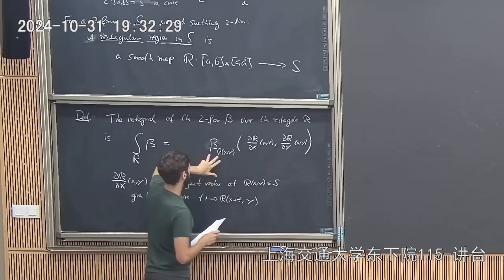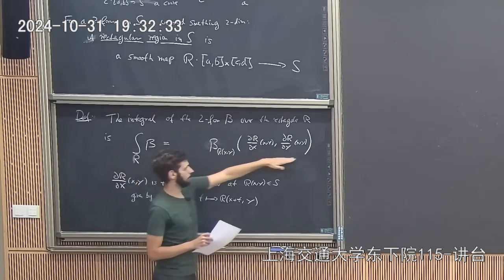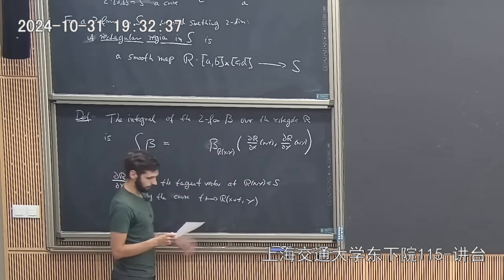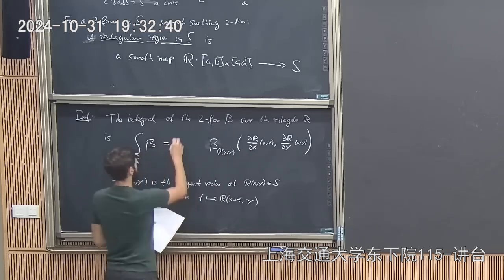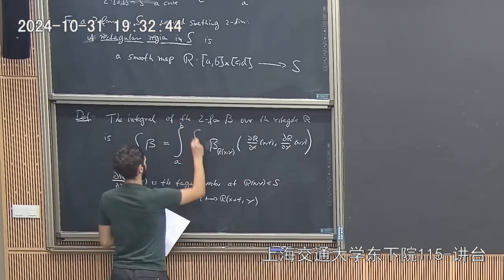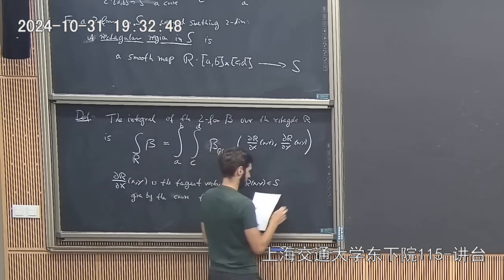We can plug these into beta. We get a function of x and y, and then we just take the integral over a b and c d of the function.